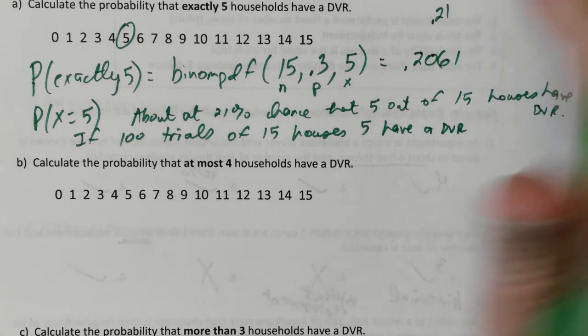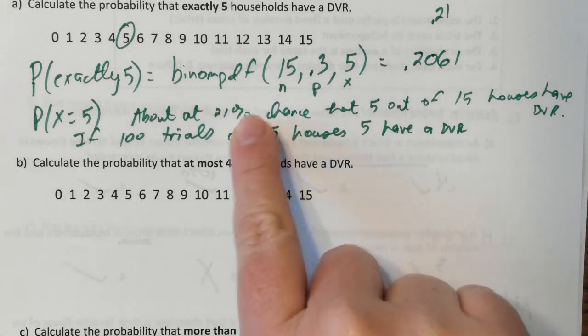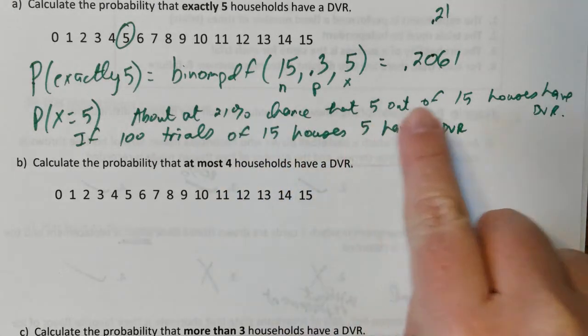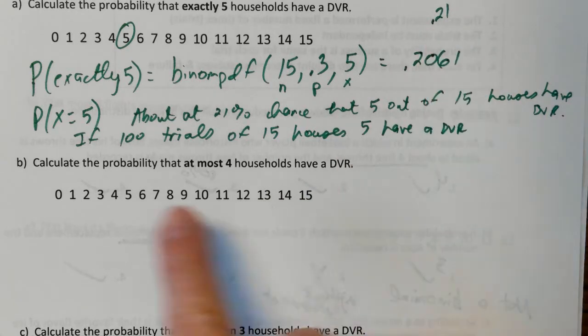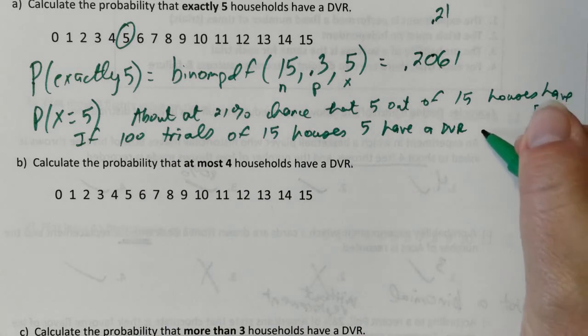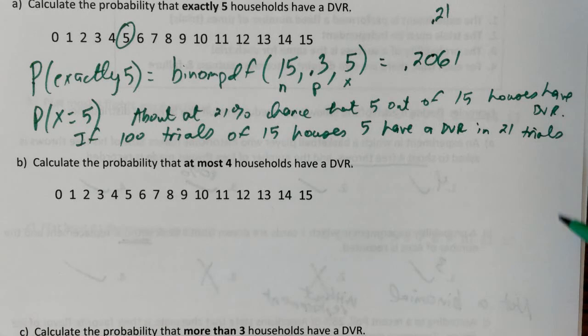So that's where we got that 5 of 15 houses would have a DVR about 21% of the time. So in other words, if we did this 100 times, 5 houses have a DVR in 21 of those trials.